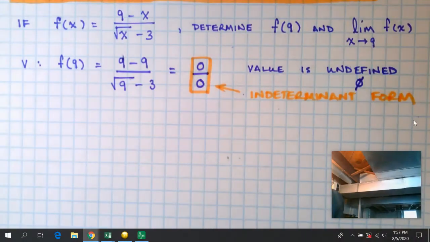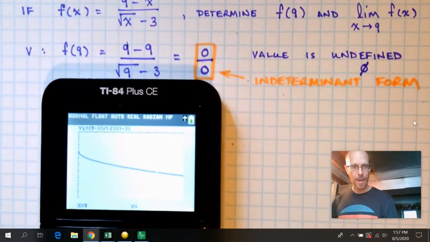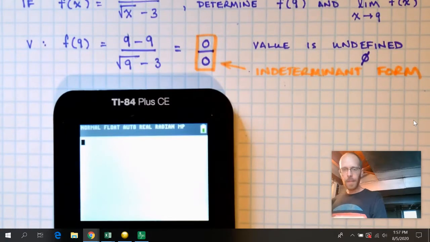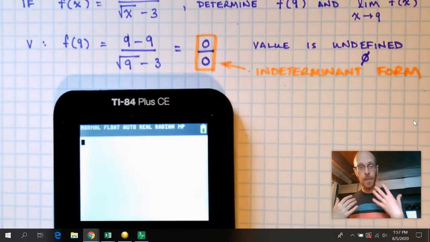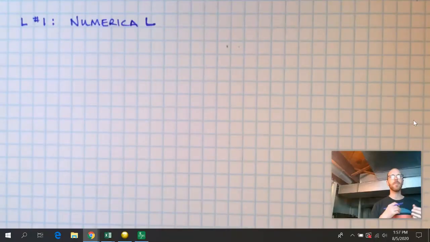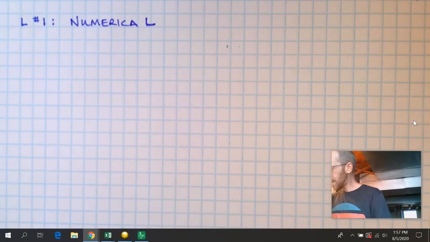Okay, so with that in mind, let's now pretend that we do have a calculator in our hands. I do quite literally have a calculator in my hands here. And with this calculator, I'm going to give you a few approaches for calculating the limit.